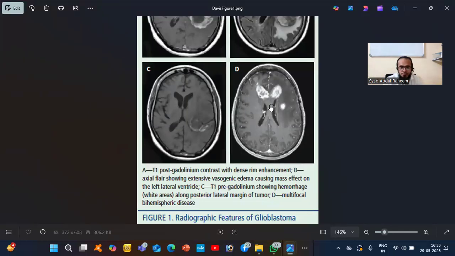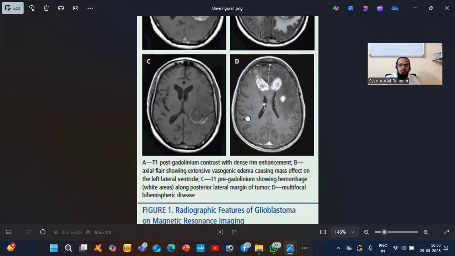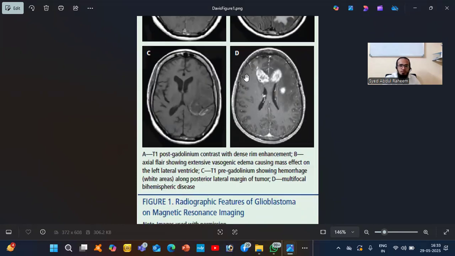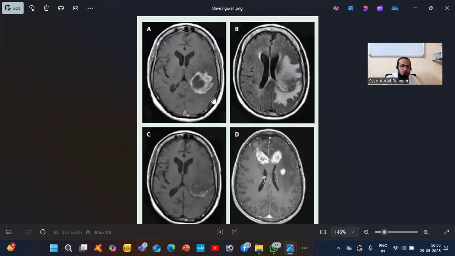There is a lot of necrosis, dead tissue, as you can see here. So this is the image of glioblastoma.